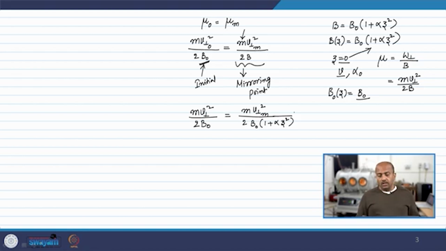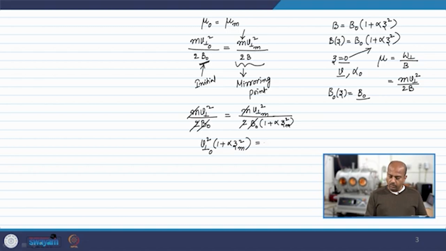Now, let us denote the position coordinate of the mirroring point along the Z axis as Zm. So, this B naught gets cancelled, mass also gets cancelled. So, we have V perpendicular 0 square times 1 plus alpha Zm square is V perpendicular m square.